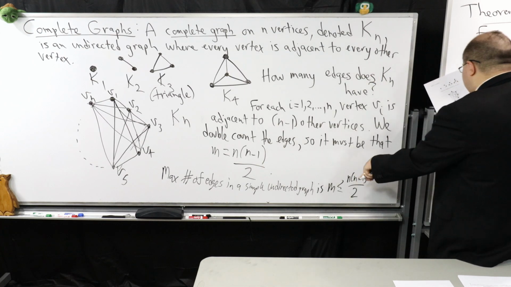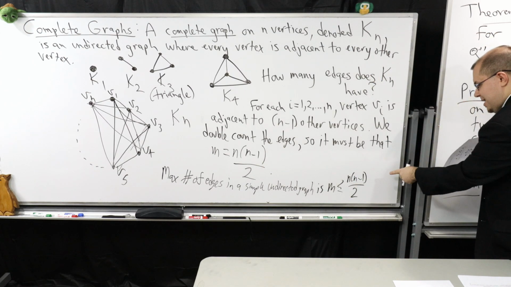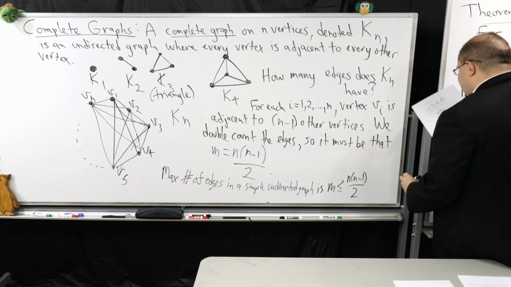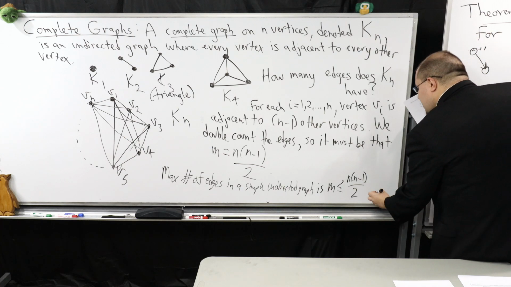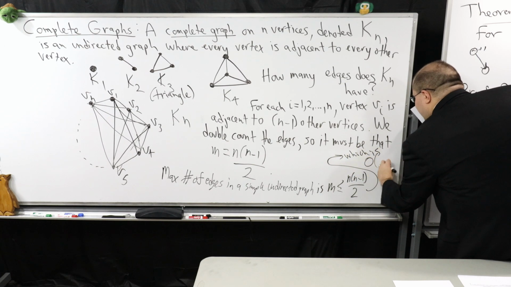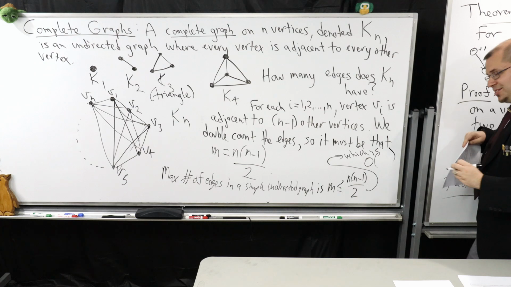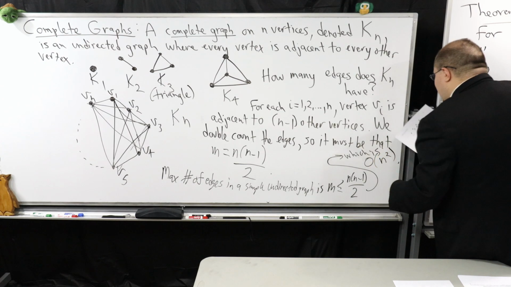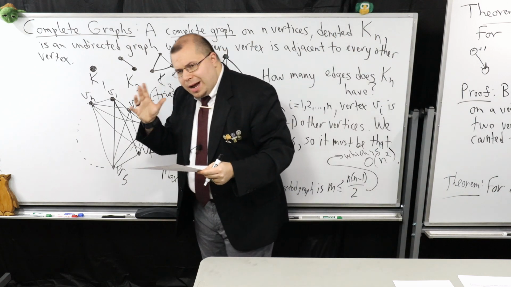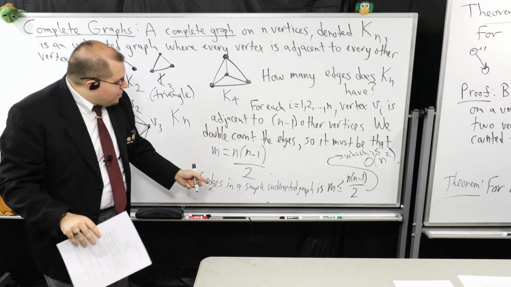Let's talk about it in terms of big O. What's that in big O? Big O of what? N squared, perfect. Now, you can also derive the same argument with directed graphs, but you won't have this double counting issue.